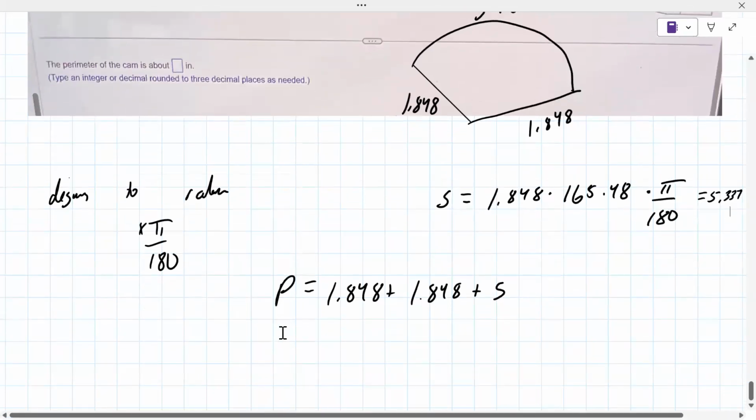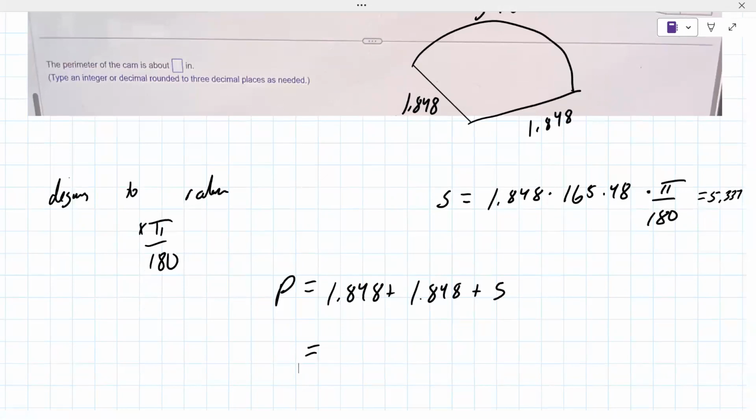And then when you add it in here, what are we rounding to? 3 decimal places. And probably good to check me here just to make sure.